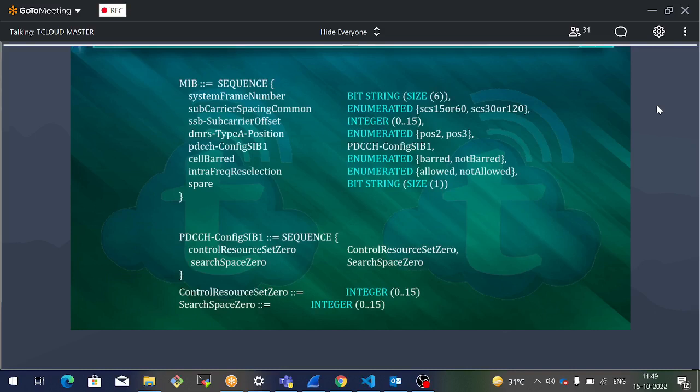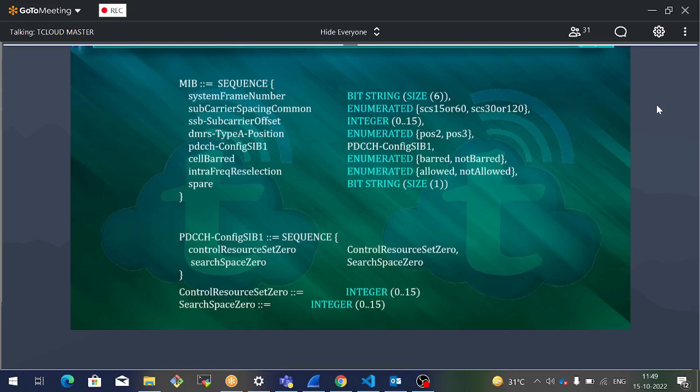The system frame number, which is the MSB part of the 10-bit system frame number sequence, you get 6 bits there. And the mobile is given a hint about the subcarrier spacing operating in this particular cell. If it is FR1, and the first field is set, SCS 15 or 60, the mobile understands that it is 15 kilohertz of subcarrier spacing.